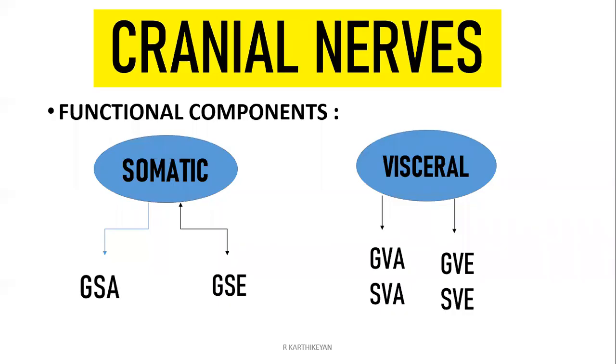Now, a very important side heading that you must learn is functional components. Before going on to functional components, you should know the meaning of afferent and efferent fibers. If you remember your glomerulus, you would have seen an afferent arteriole and an efferent arteriole. Always remember, afferent means towards, efferent means away.